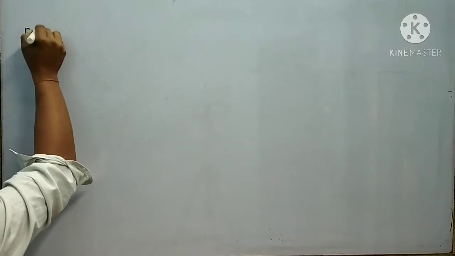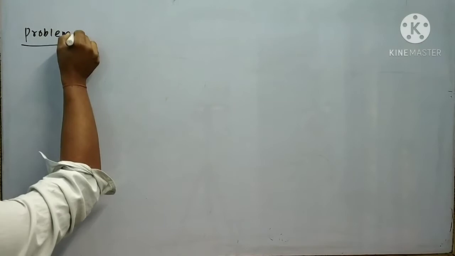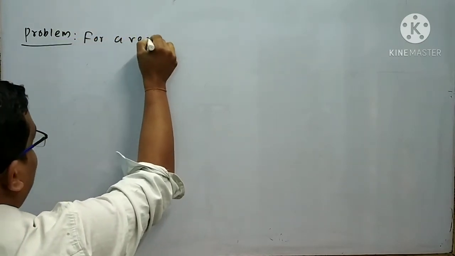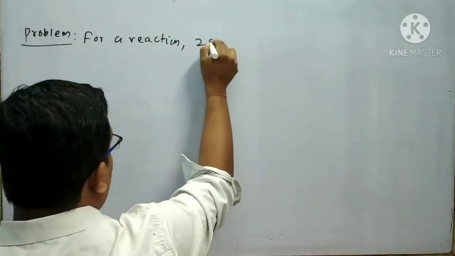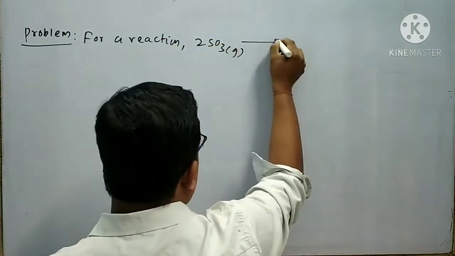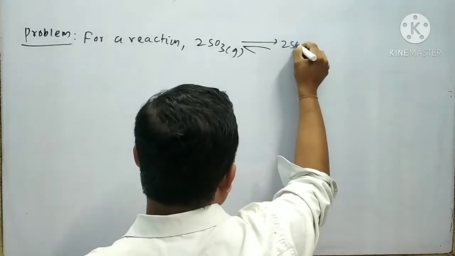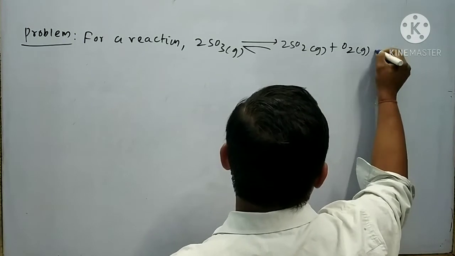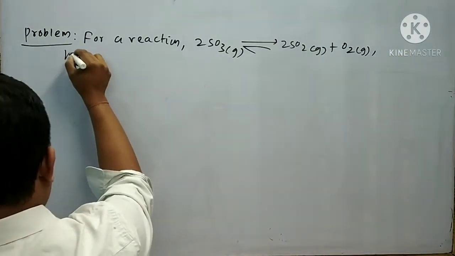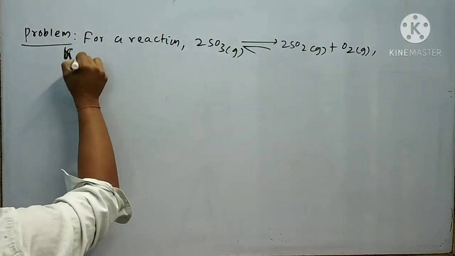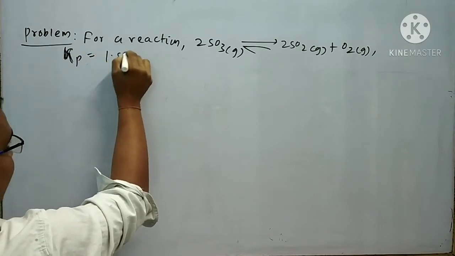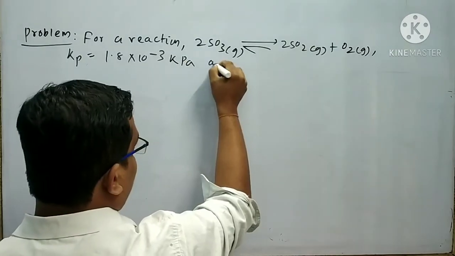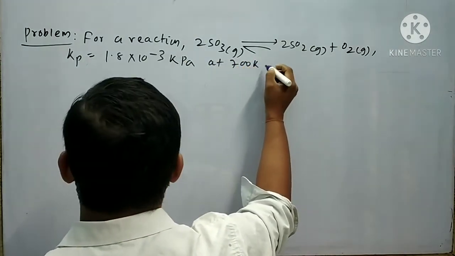Now I want to do some problems. First problem is for a reaction 2SO3 gas gives 2SO2 gas plus O2 gas. Here Kp is given, that is Kp equal to 1.8 into 10 to the power minus 3 kilopascal at 700 Kelvin.